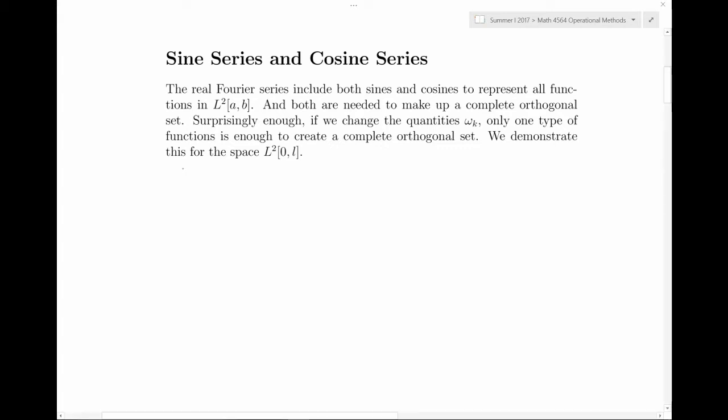So previously for Fourier series, the basis is function 1, function's cosine of 2 pi k over L t, and sine of 2 pi k over L t.